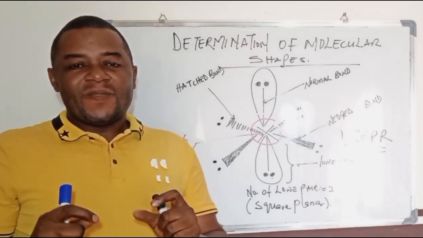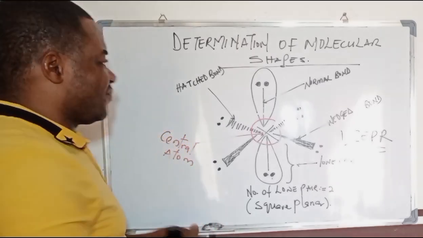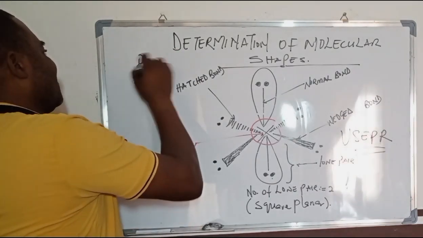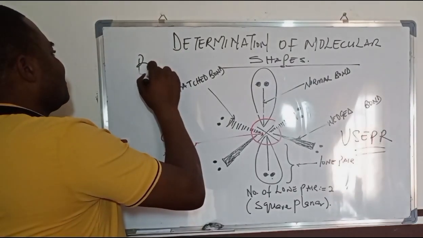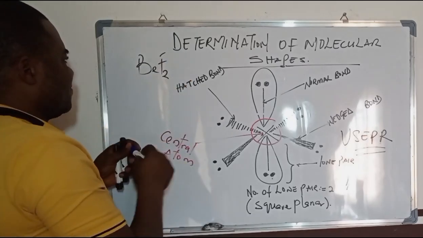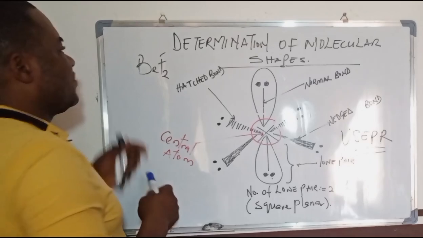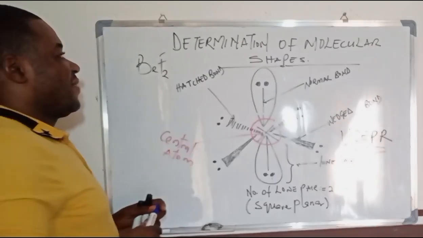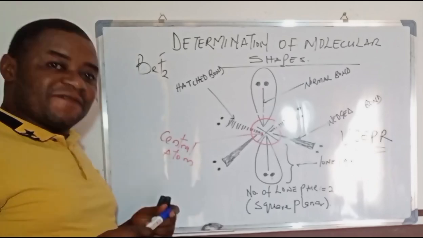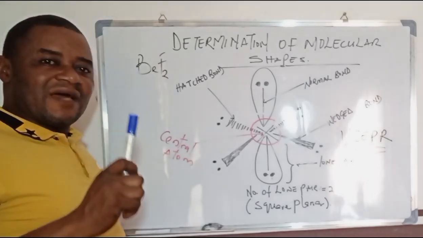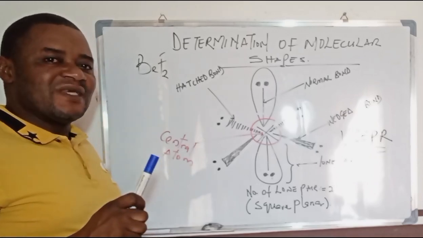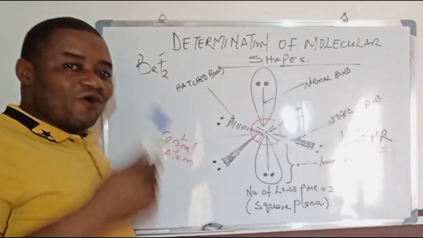When you are given a particular molecule, for example, somebody gives you beryllium difluoride, and you are expected to determine its shape, you must first identify that particular item among the two that is the central atom, that you can bond the other atoms to.